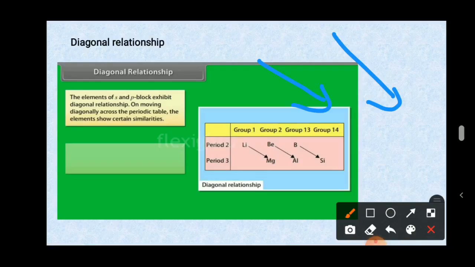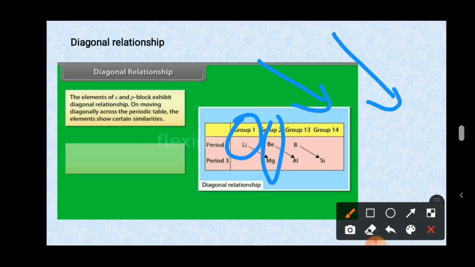Here, lithium is diagonally related to magnesium. Lithium is in group number 1, magnesium belongs to group number 2. So the properties of the group 1 element are almost similar to the properties of the group 2 element. So these are called diagonally related elements.